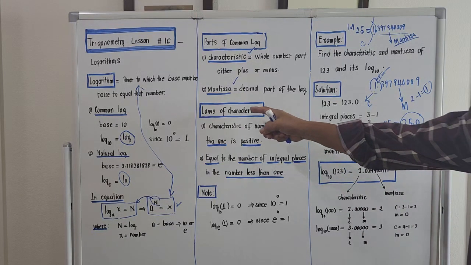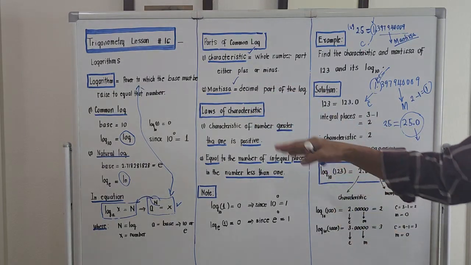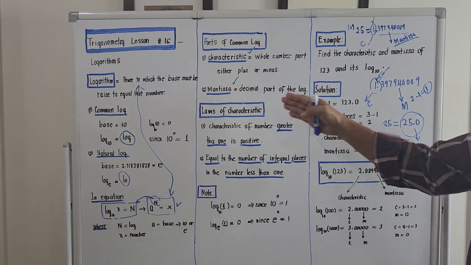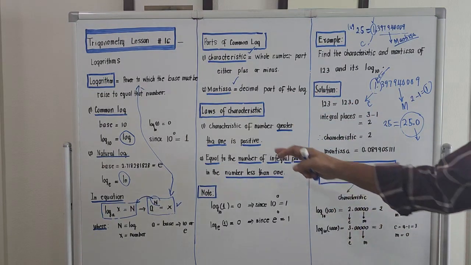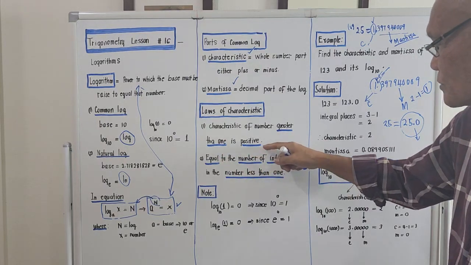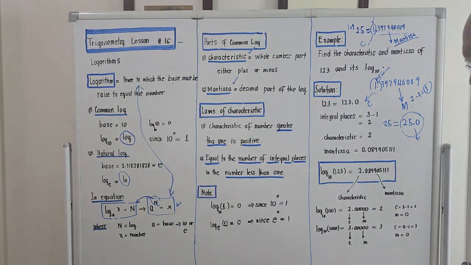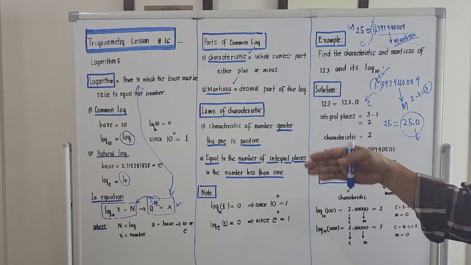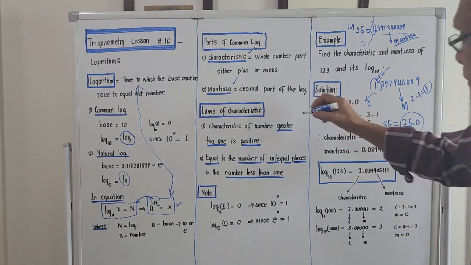The laws of characteristic. Laws of characteristic meaning the characteristic has some variations. The characteristic of a number greater than 1 is positive. Meaning to say, if a number is greater than 1, the characteristic is a positive value.